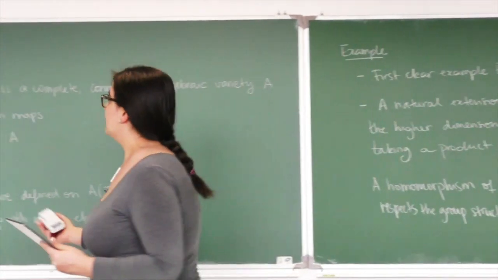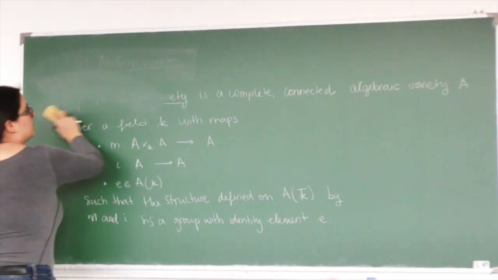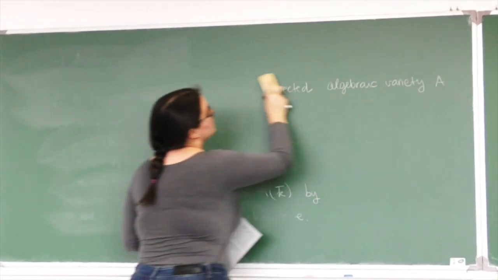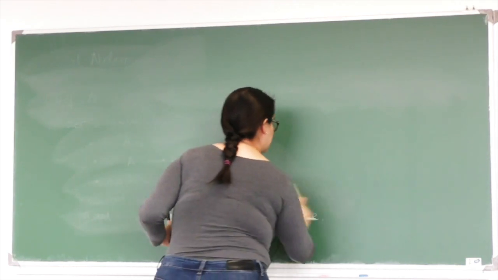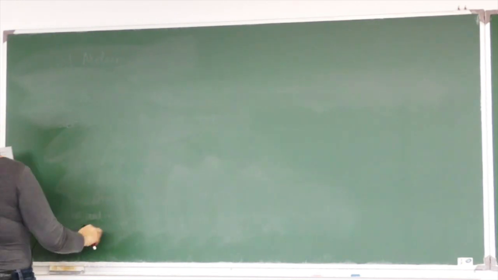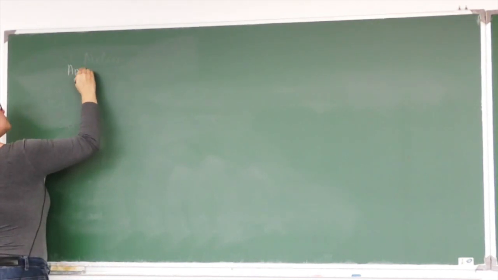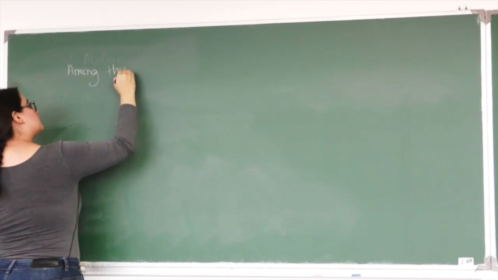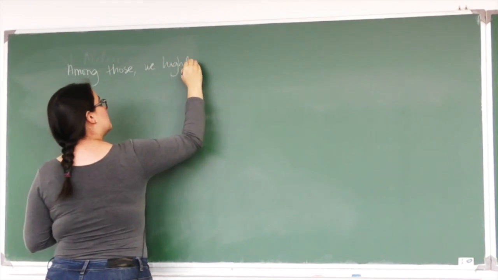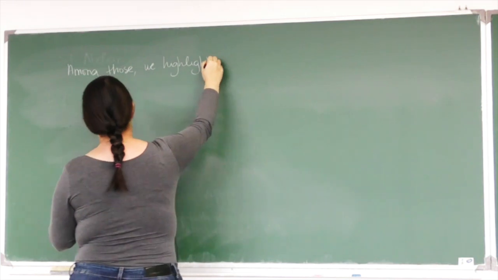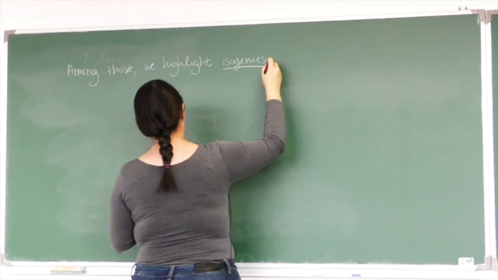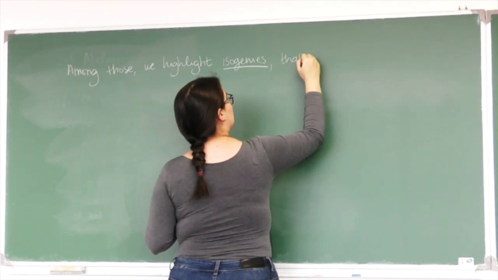And among all those homomorphisms, those that will be of the most interest for us are what are called isogenies. Let me explain what those are. Among those, we highlight isogenies. And what do I mean by that?